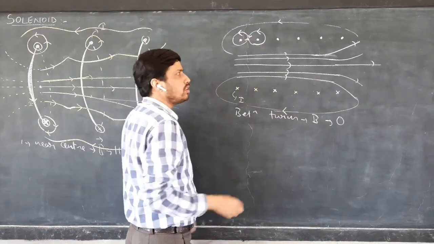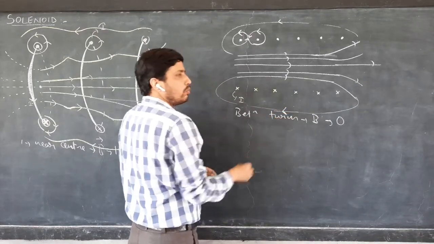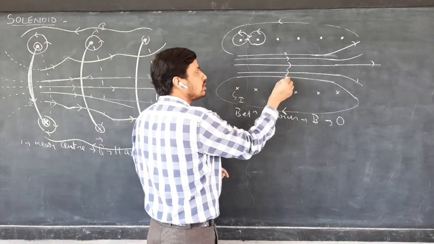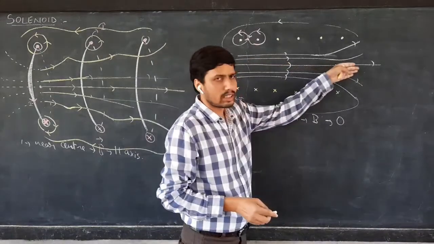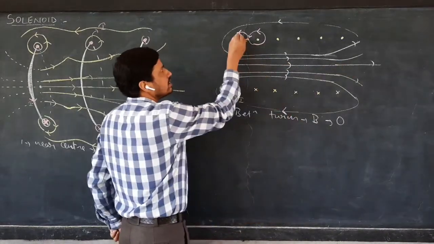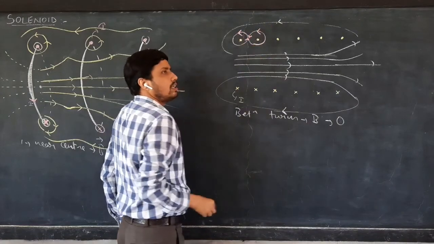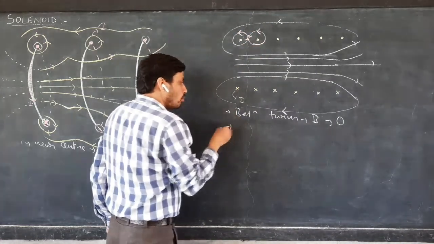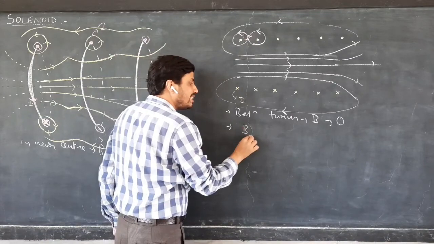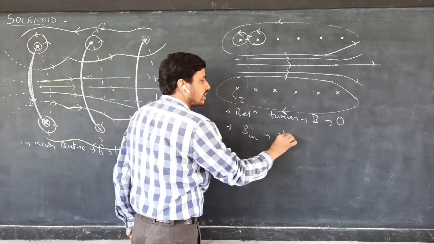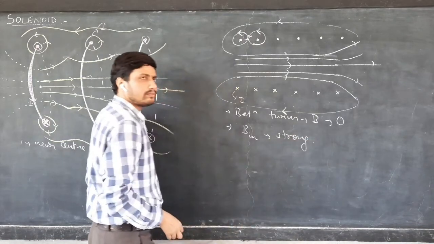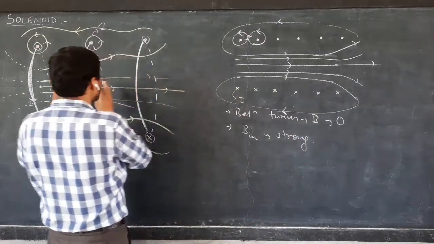Just outside the solenoid, the magnetic field will be opposite in direction to the magnetic field inside the solenoid. As you can see here, inside the solenoid, magnetic field lines are like this. Outside the solenoid, you can see these two will add up. But one difference will be there. The magnetic field inside the solenoid will be quite strong, because the components add up.